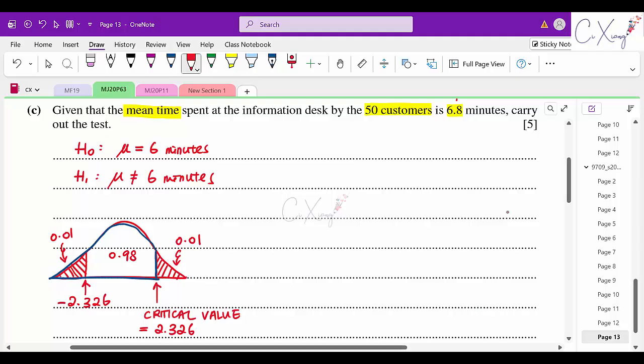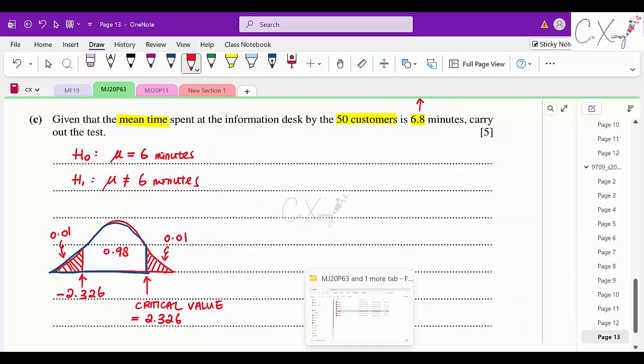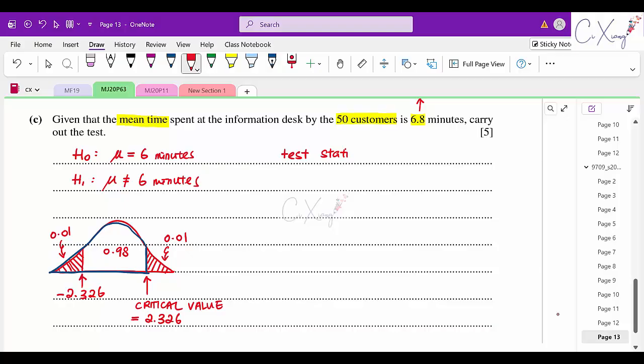Then let's continue to the third step. For the third step, I need to calculate the test statistic. To get the test statistic, which is a value of Z, you take the sample mean minus the population mean, divided by sigma over square root n.